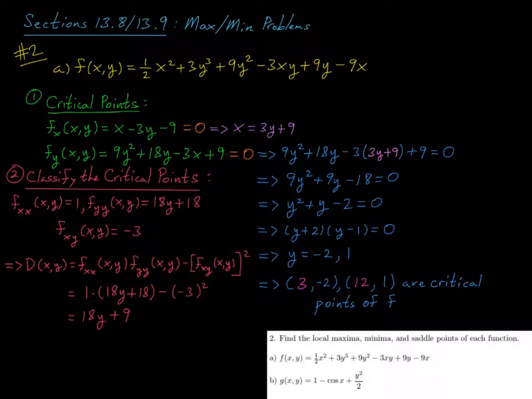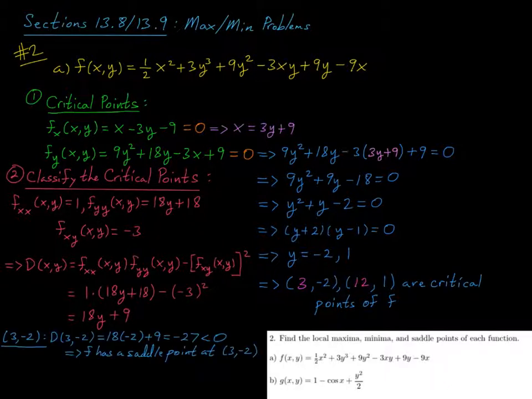That's going to give us 1 times the quantity 18y plus 18 minus a negative 3 squared. That simplifies to 18y plus 9. So in particular, at the critical point (3, negative 2), D is equal to negative 27. And that tells us that f has a saddle point at (3, negative 2).